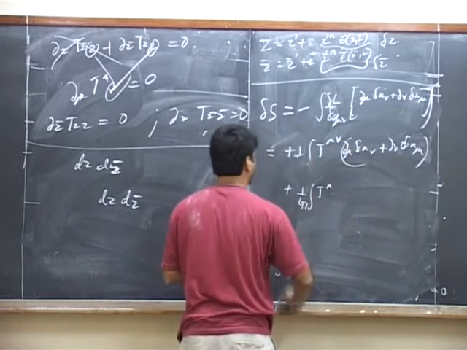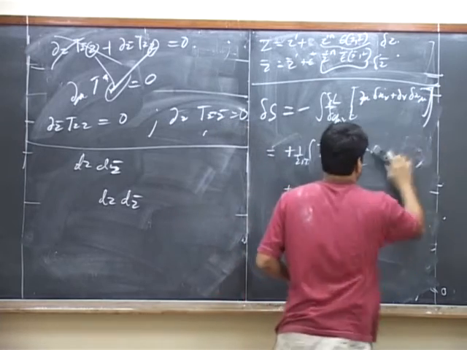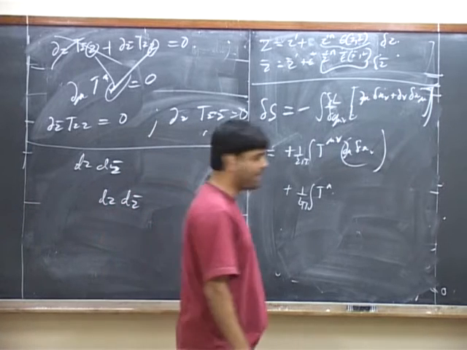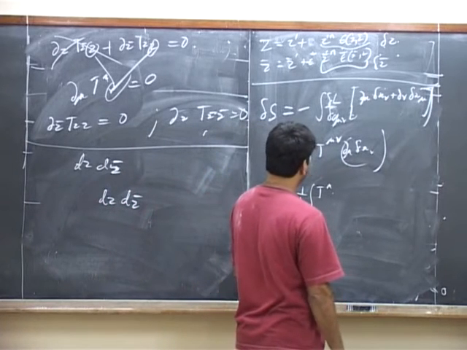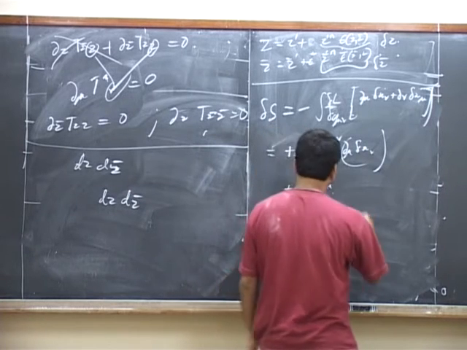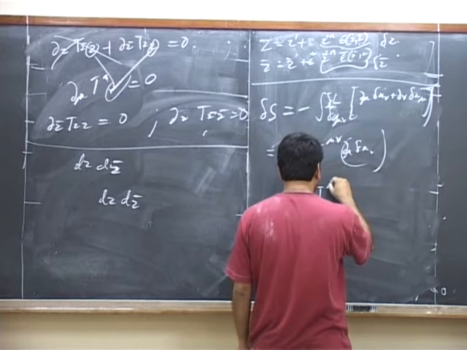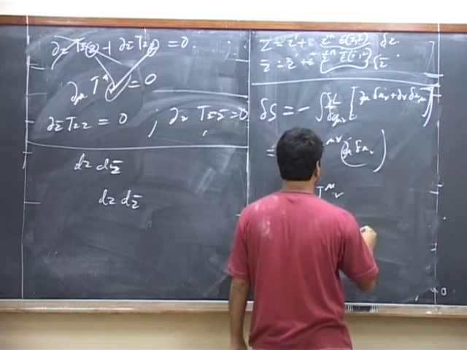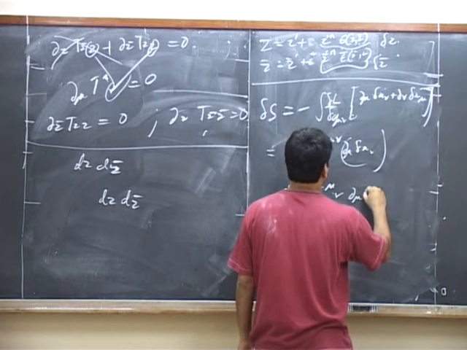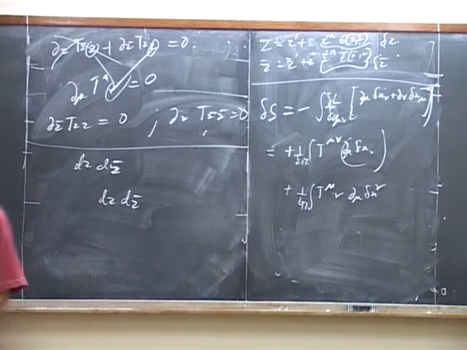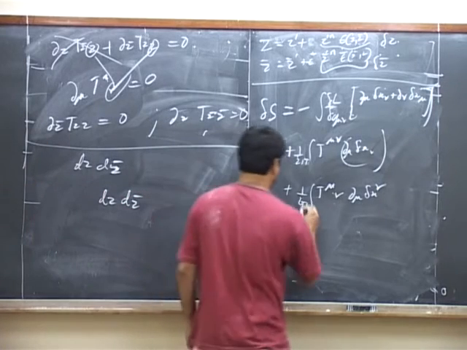So I'll make this 1 over 2 pi, and I can write this as T mu nu del mu delta x nu.